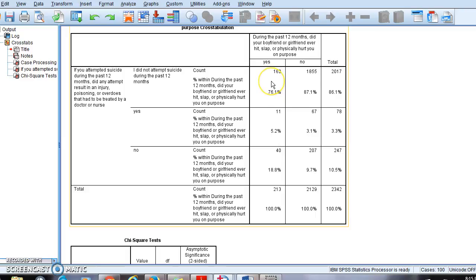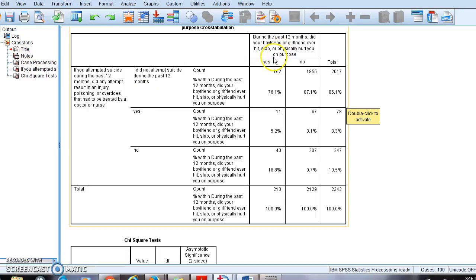So 162 people said yes, their partner physically hurt them on purpose, and they also said they did not attempt suicide during the past 12 months. And so that's 76.1% of everyone who responded yes to this question: yes, I have been physically hurt by my partner, however, I did not attempt suicide during the past 12 months.